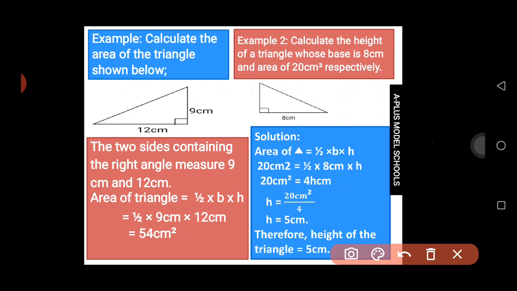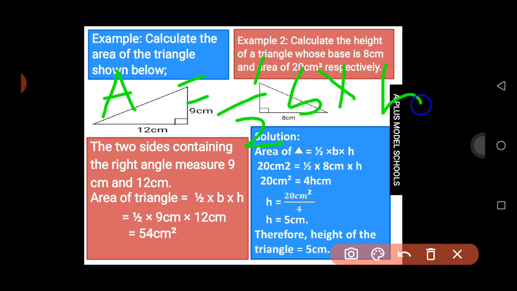So applying the formula, area of a triangle is half base times height. So my area is given as 20 is equal to half times the base, 8, times the height.